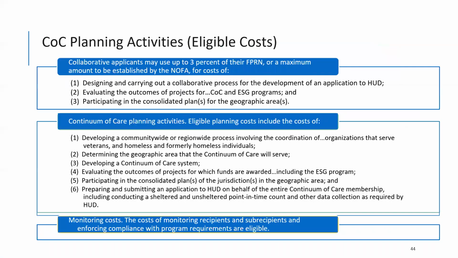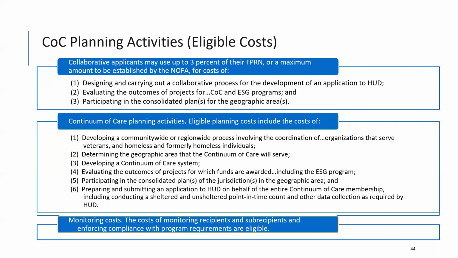As for CoC planning activities, all collaborative applicants can get up to 3% of basically their annual funding award for planning. The planning cost can be used for carrying out that collaborative process for developing the HUD application, evaluating CoC and ESG program outcomes, and coordinating with other folks in the CoC, such as the consolidated plan jurisdictions and ESG recipients. The CoC planning cost can also include basically any activities that are centered around developing your community-wide strategy to address homelessness.